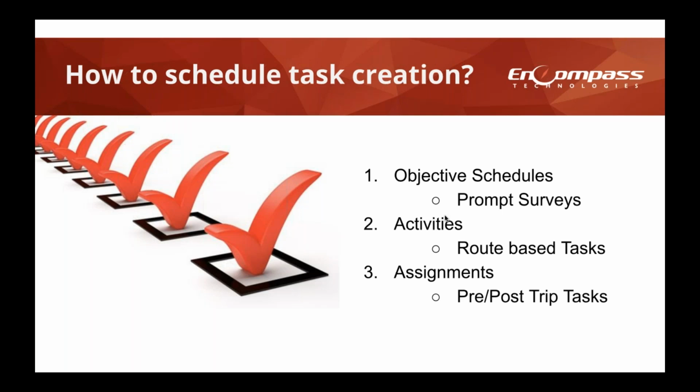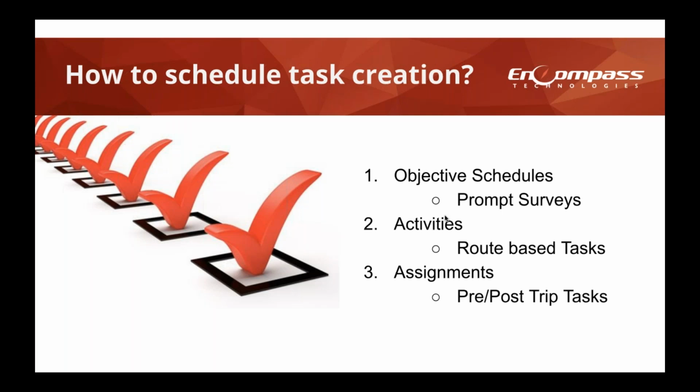But sometimes ad hoc actions like that don't make sense, right? You're wanting to schedule these things out ahead of time and make sure that those sales reps know exactly what is expected of them that day. And one way to do that is to make sure that those things are popping up or are in their interface automatically. So objective schedules are fantastic for making sure that surveys are prompted.